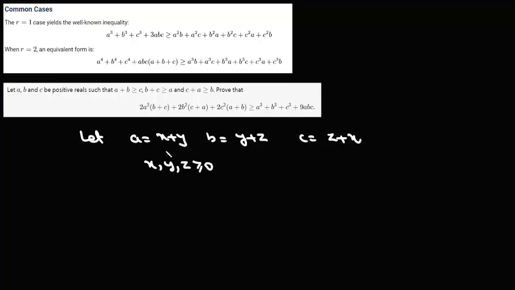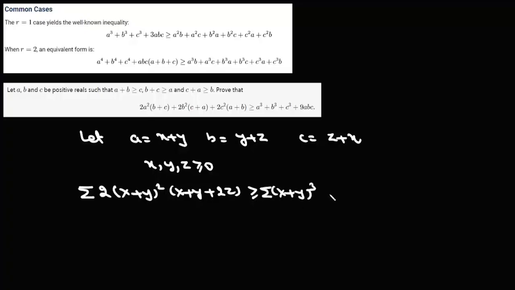Now if we substitute the values of a, b, c here, then we can write this as 2 times the symmetric sum of (x plus y) square, and b plus c is x plus y plus 2z, and this will be greater than or equal to the symmetric sum of x cube, plus the symmetric sum of (x plus y) whole cube, plus 9 times (x plus y)(y plus z)(z plus x).